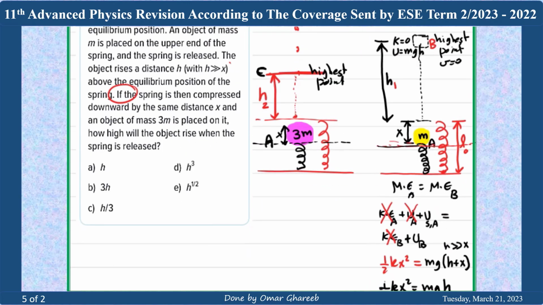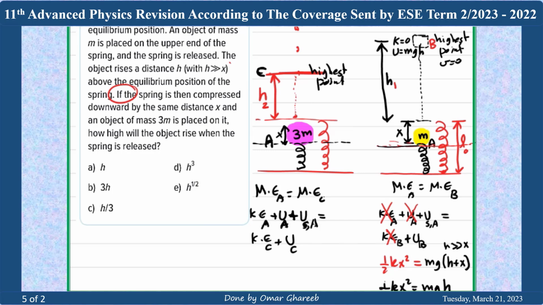Now the mechanical energy at A should be equal to the mechanical energy at C. At A we have kinetic energy at A plus gravitational potential energy at A plus elastic potential energy in the spring at A. The sum of these should be equal to the kinetic energy at C plus the gravitational potential energy at C, and at C we have no spring.